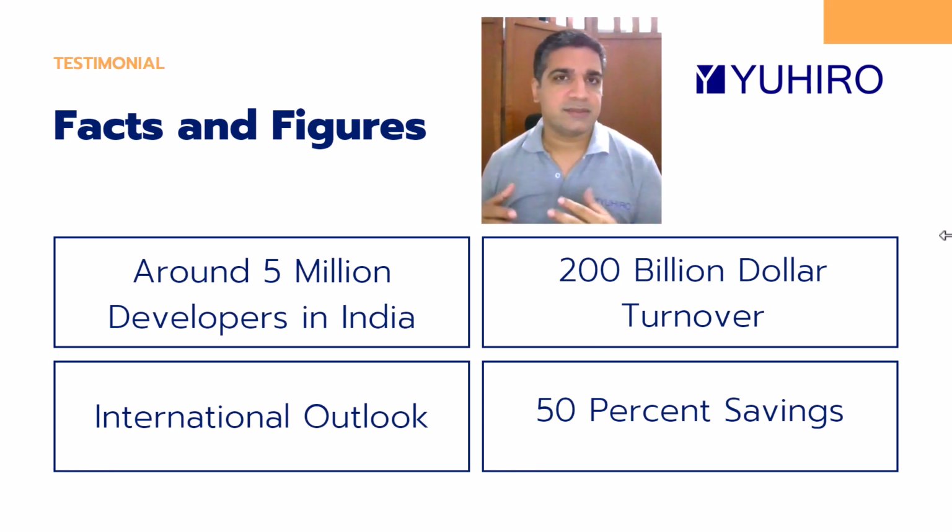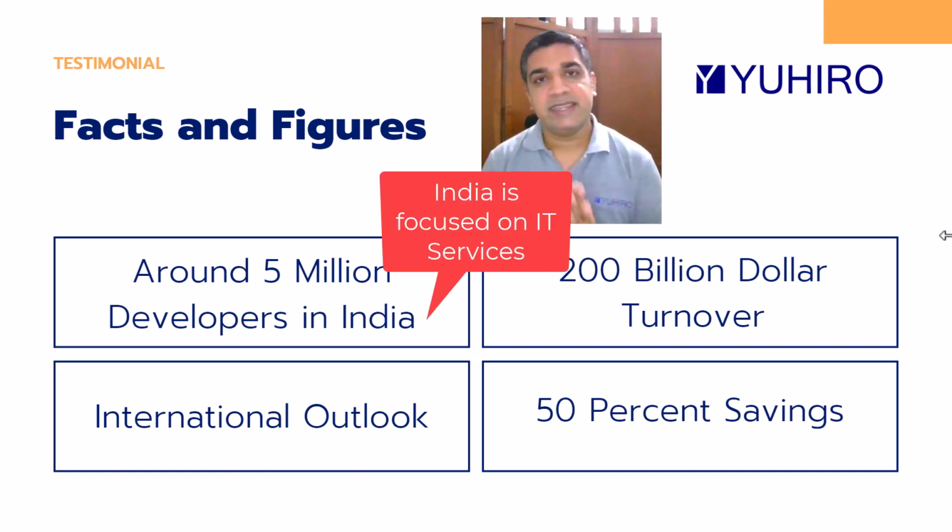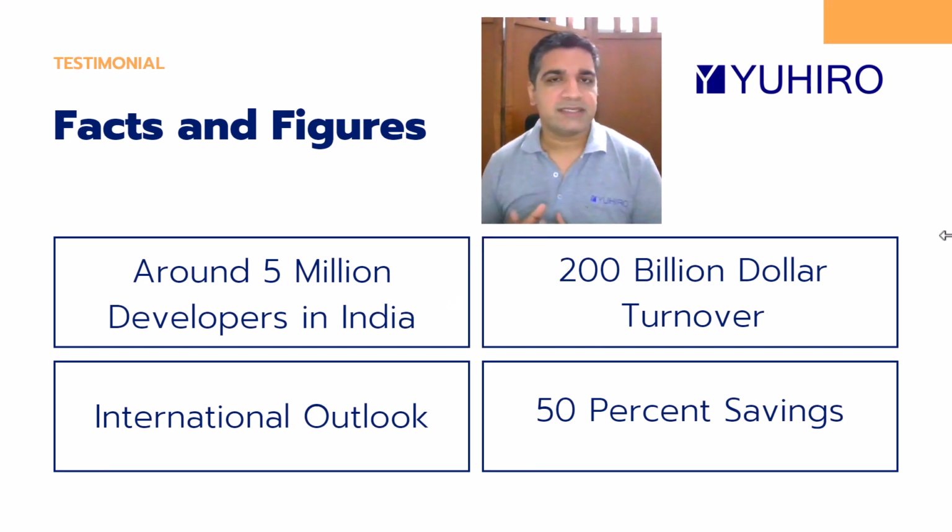Now this has grown into a large industry which employs a lot of people. Like China is focused on manufacturing, India is focused mainly on IT and IT services. And the turnover is around 200 billion. I think it's a little bit less than 200 billion, but still 200 billion is a huge number if you compare it even with European standards.